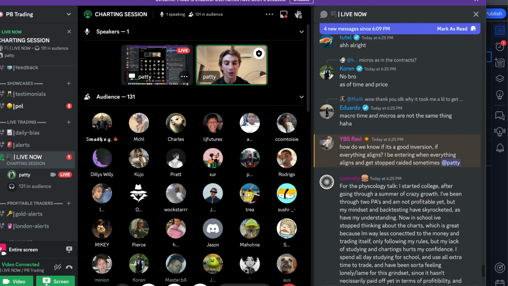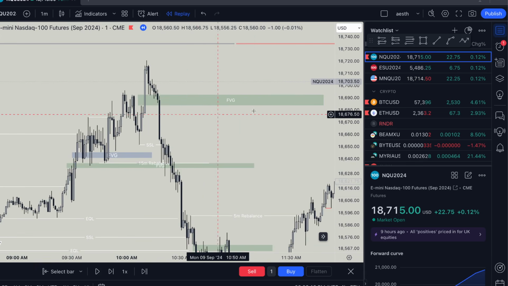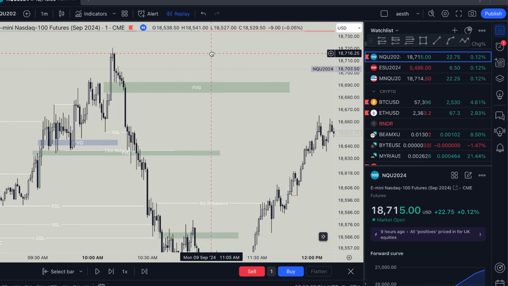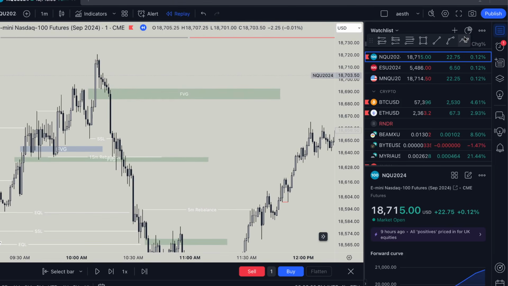I think a really important thing which a lot of people don't understand is what you don't want to be entering. Let's say I draw out this leg, this same exact leg right here.